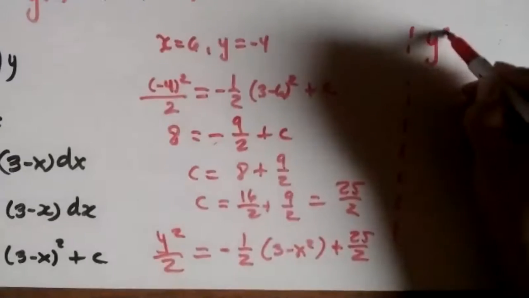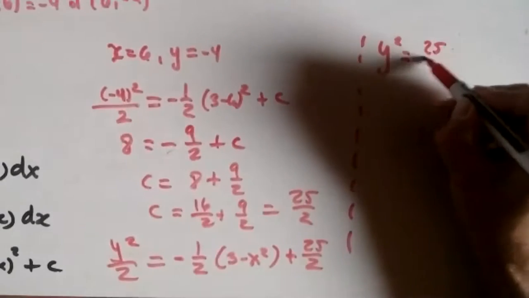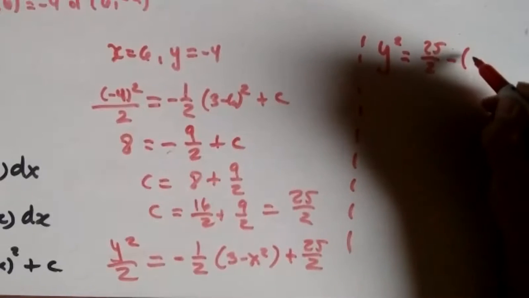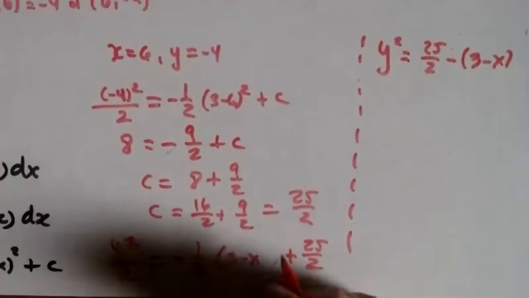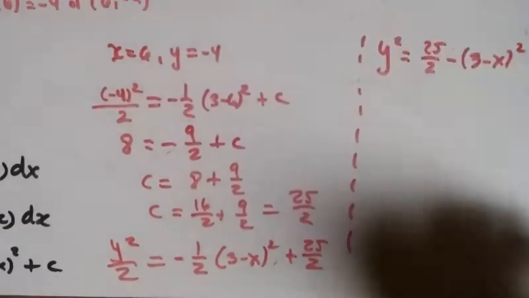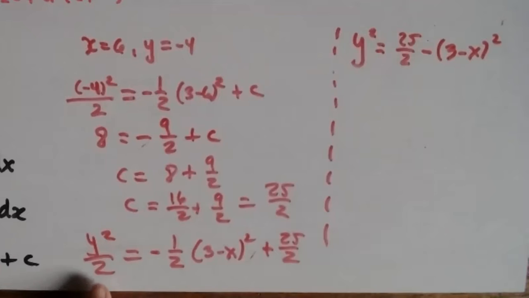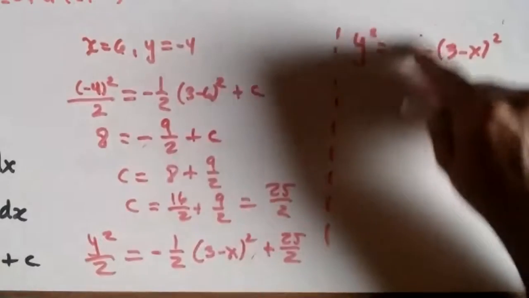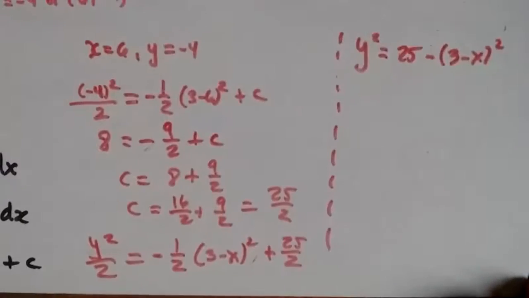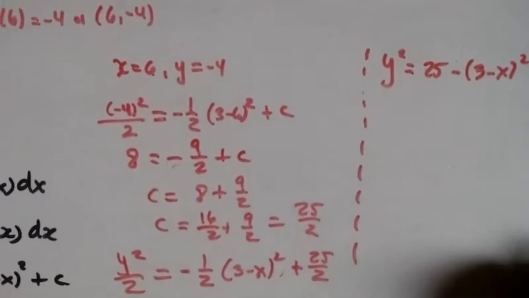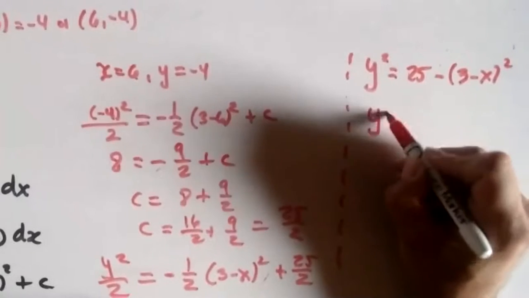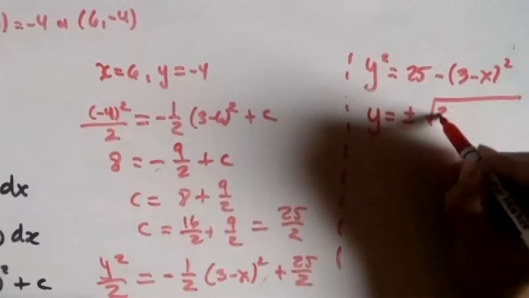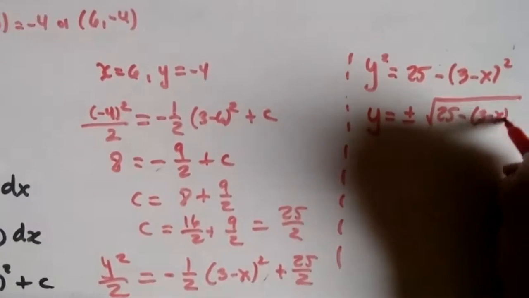So I have y squared equals 25 over 2 minus (3 minus x), this is not this one, the square is right here, yeah, x squared. Correct? So what I did, I multiplied times 2, and this times 2, so it's 25. Now, this is fine. 25 minus this, okay, is this one. So the only thing I have to do is square root. Okay, y equals positive or negative square root of 25 minus (3 minus x) squared.